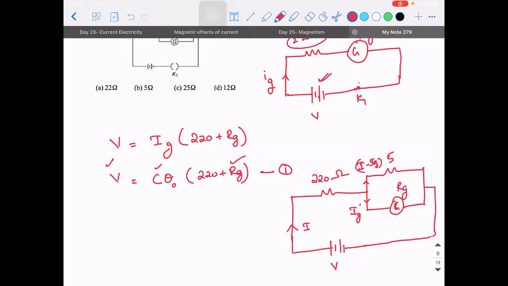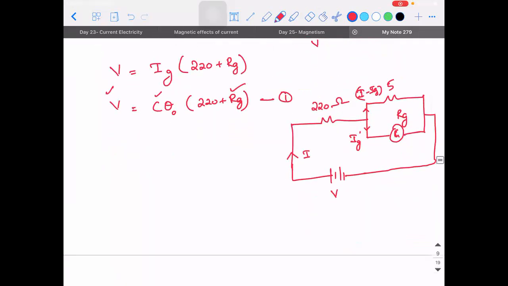Tell me, is it possible for you to calculate the value of the current through the galvanometer, Ig dash, in terms of V, 225 and Rg? For that, let's say I is equal to V divided by R equivalent.